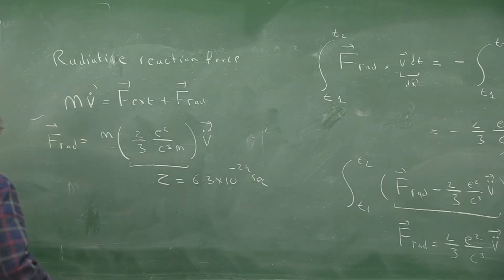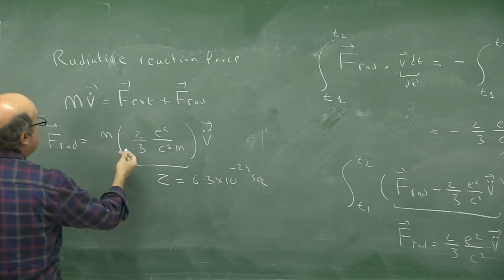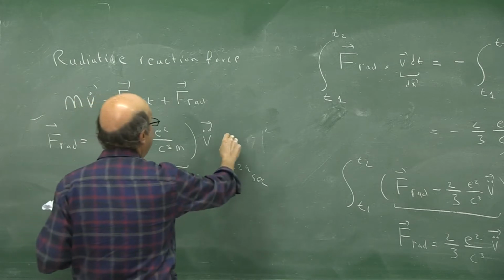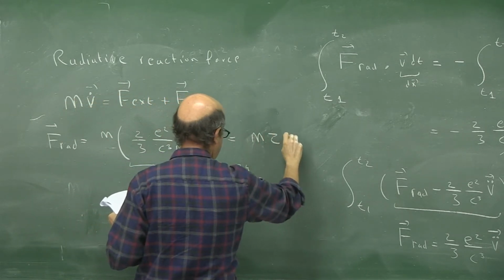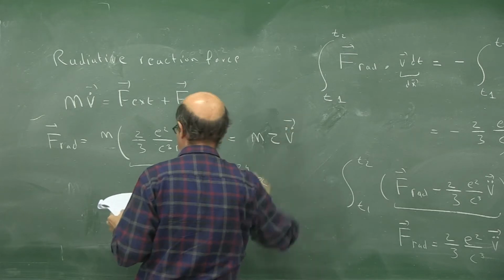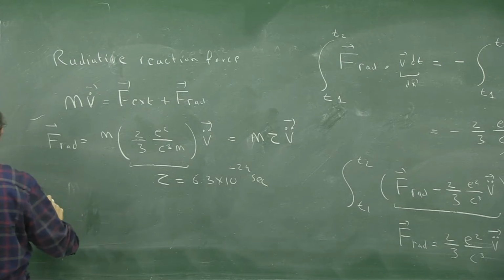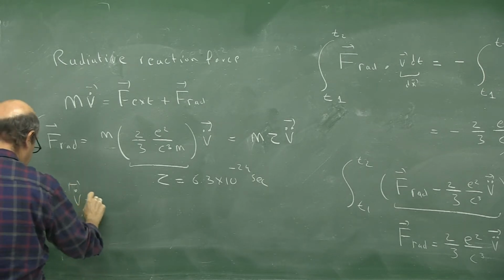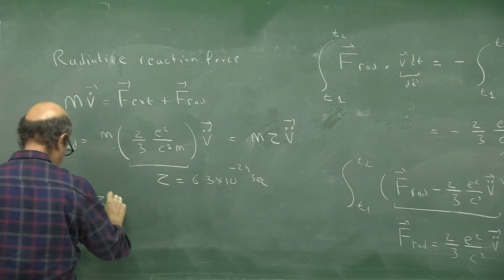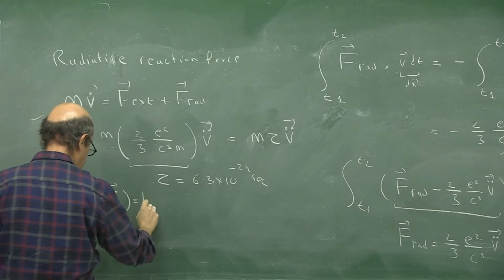Basically, you can write this as m tau v double dot, and if you plug it in here and take the left hand side, you will obtain m v dot minus tau v double dot is equal to the external force.